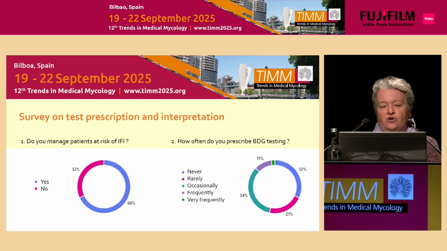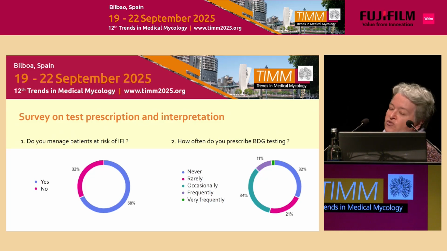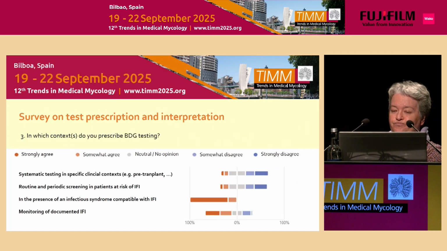For the first question, do you manage patients at risk of fungal infection? 68% of prescribers were managing patients at risk of fungal infection. In most cases, BDG was prescribed occasionally, at 34%. The following questions were asked only if the physician was prescribing a BDG test.